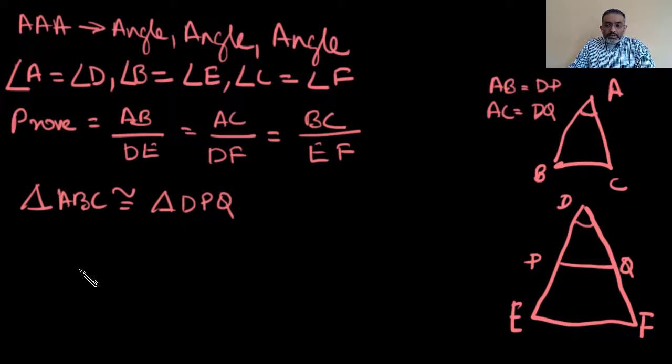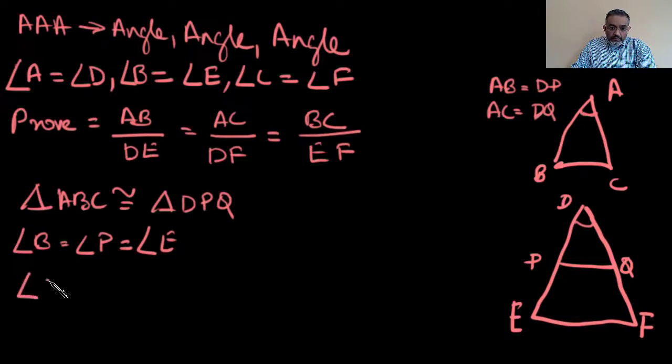All right. Now, what does this prove? What do we get from here? Angle B is equal to angle P, and is also equal to angle E. Now similarly, these two triangles are congruent, so this angle and this angle are equal, and this angle and this one are equal.